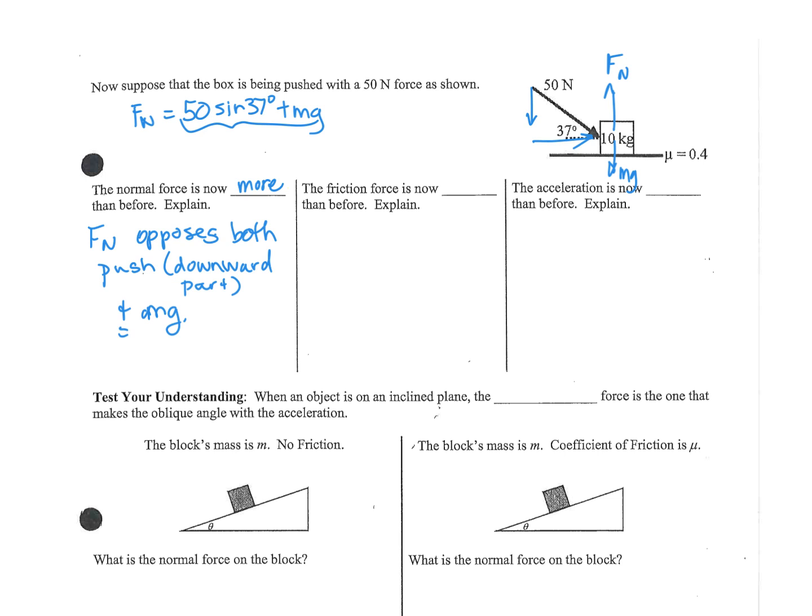What about the frictional force though? If the normal force is more, we know that the frictional force is equal to mu times the normal force. So the frictional force is now more, since the force of friction is directly proportional.